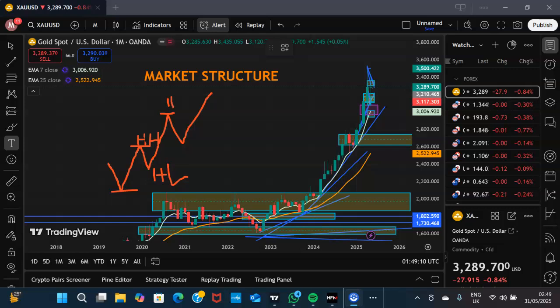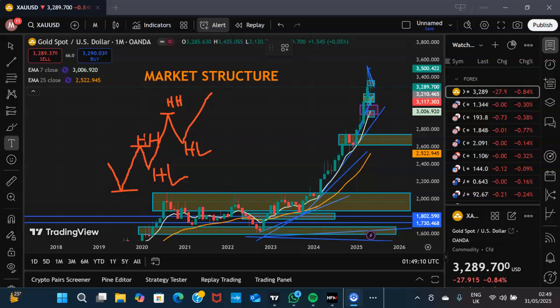Price will keep breaking these structures as long as you are in an uptrend. You keep seeing a new higher high and then a new higher low. This is the characteristic of an uptrend.